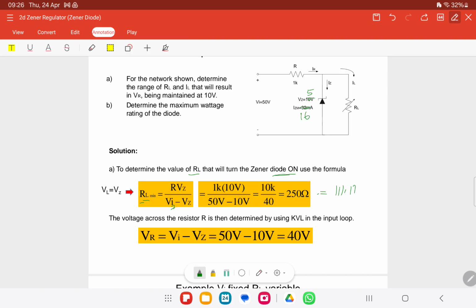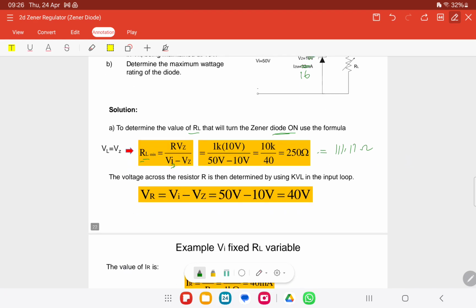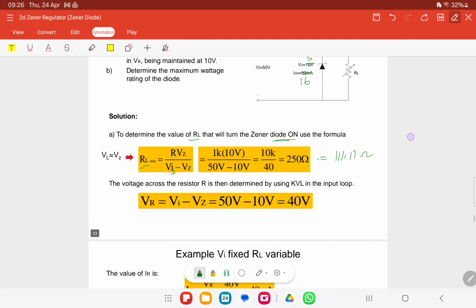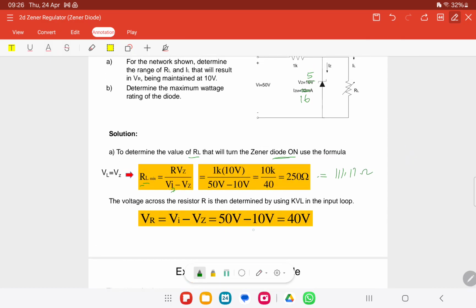Okay, katakanlah sekarang ni kita tak pasti min or max. Mungkin takut-takut yang kita kira the next one is smaller than 111. So you boleh tulis je dulu RL. Tinggal some space untuk you tulis nanti min or max. Okay. So 111.11 ohm. So next one you get the value of the VR. Okay. 50 minus 5 kan?